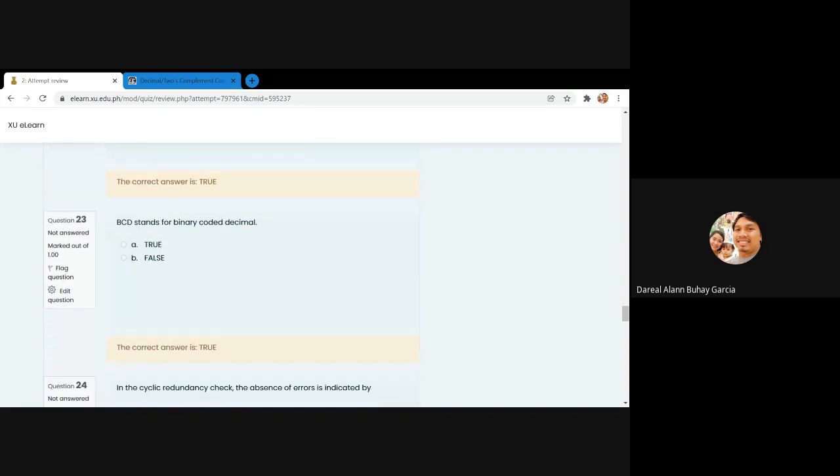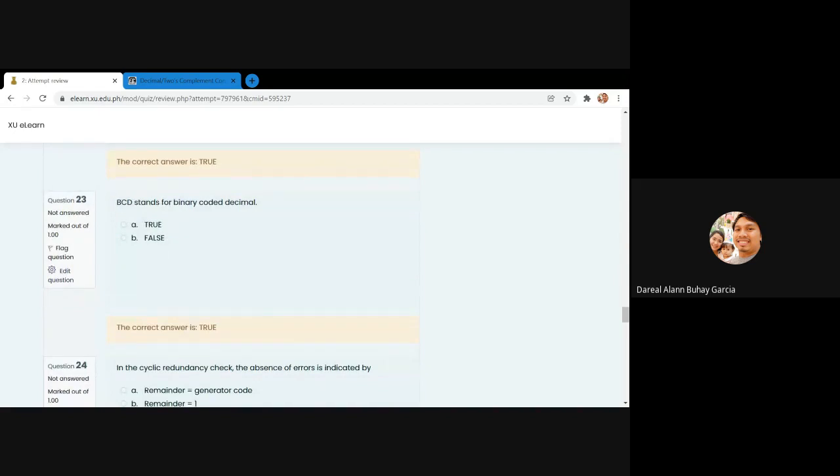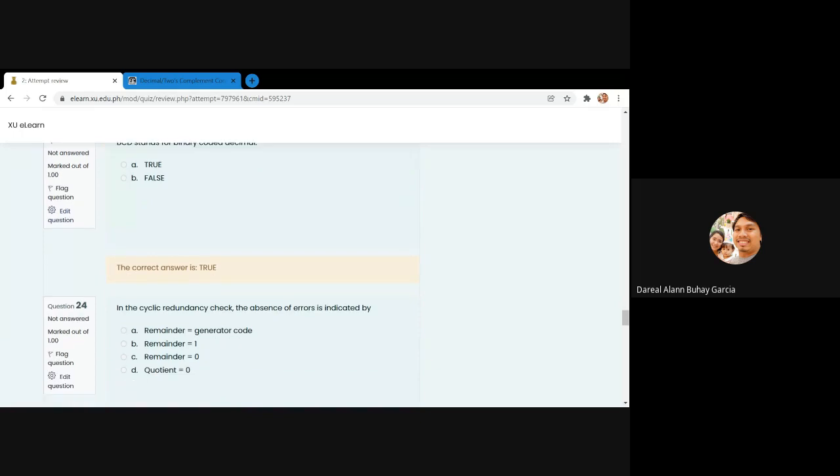True. In a cyclic redundancy check, CRC, the absence of error is indicated by... at least we'll learn something from this answer. CRC is a widely used code for detecting 1 and 2-bit transmission errors when digital data are transferred on a communication link.